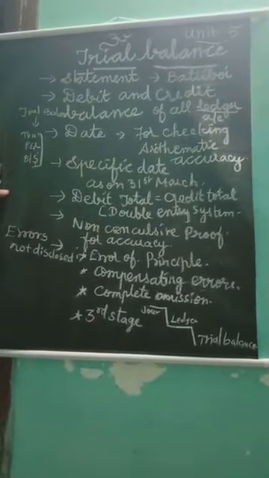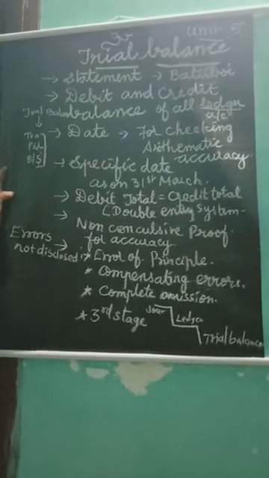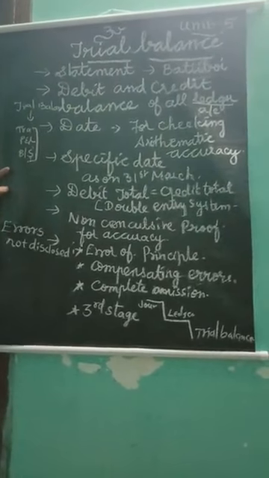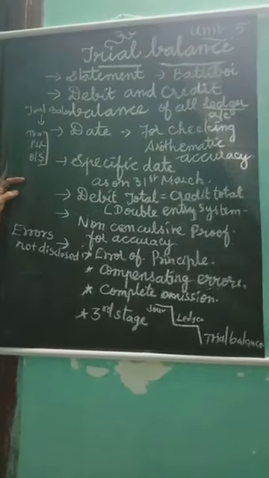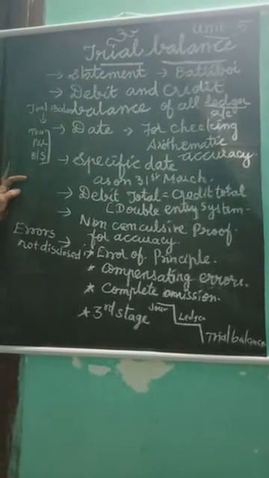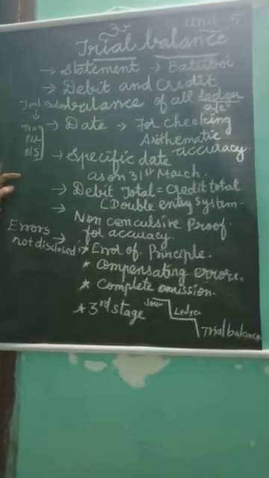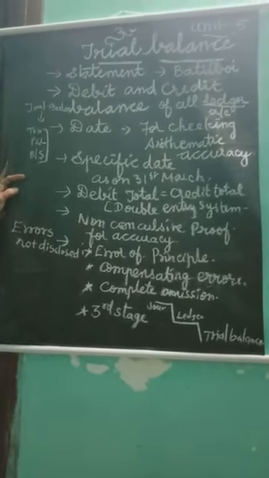Then what is the fundamental principle we have studied? The double entry system of bookkeeping, which we have studied right from the beginning. The fundamental principle of bookkeeping, that is the double entry system, is that every debit has a corresponding and equal credit, and vice versa.